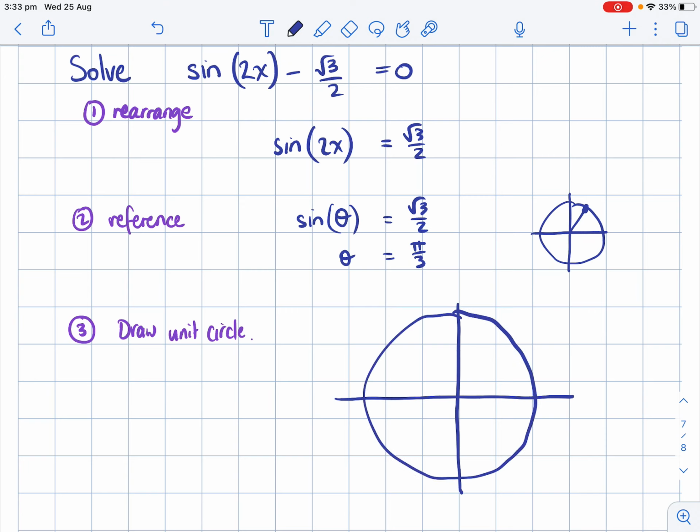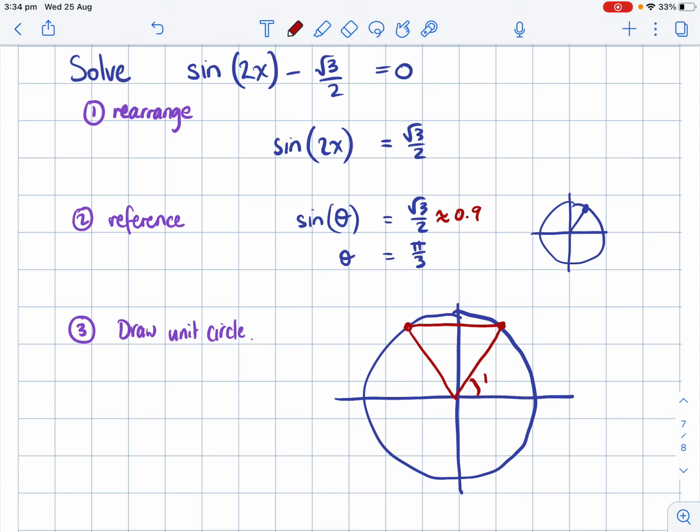So in this case, we have got that solution in the first quadrant. That is one point where sine equals root 3 on 2. And it's helpful to just know that root 3 on 2 is approximately 0.9. So we're saying, when is the vertical distance 0.9? There's actually two places that happens in my unit circle, and I've just drawn them here.